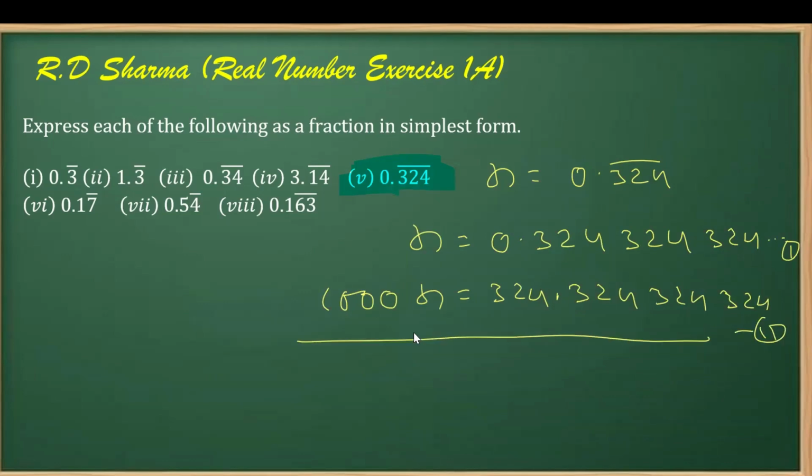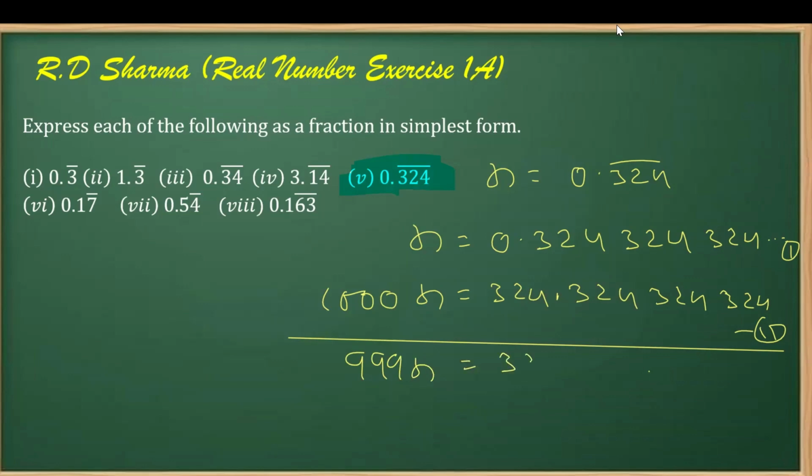Same as in all such cases, we are going to subtract the first from the second. So what is this minus this? It has to be 999x equal to 324. So x comes out to be 324 divided by 999. It's divisible by 9, so let's reduce it by 9.